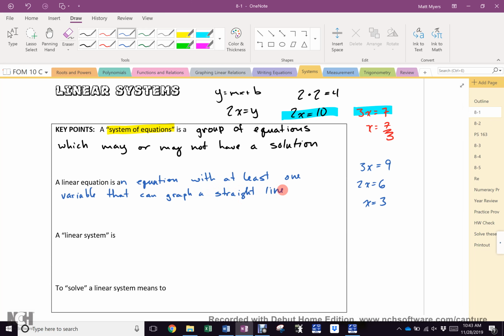What must a linear system be? Multiple equations that make a single line? There you go. A linear system is a group of at least how many?